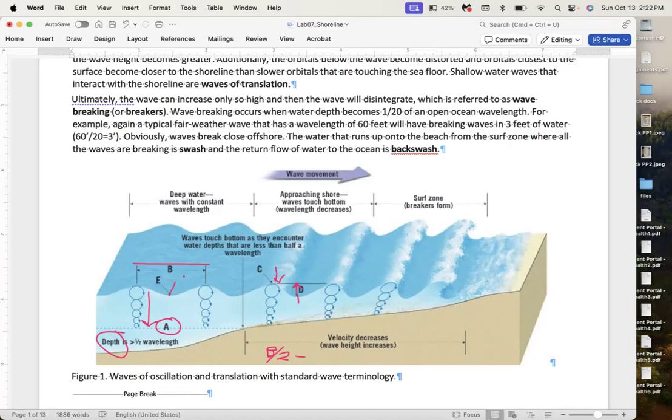So if the wavelength from this wave here to this one was 30 feet, then this depth from here to here, where the waves are affecting the water below the surface, would be 15 feet. 2 divided into 30.